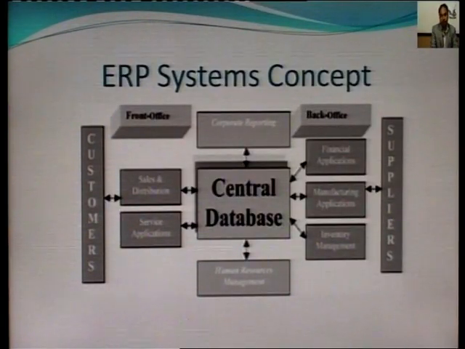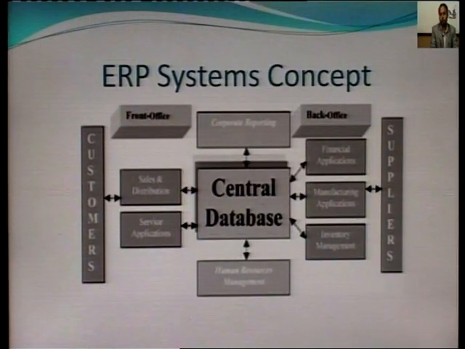There is one centralized database, and in the front office, the sales department and distribution departments will be there, and the service application will provide services to the customers. Customers will contact the salesperson, and they will buy the goods they require. And in the back end office, the financial department keeps record of all the money related to the organization.